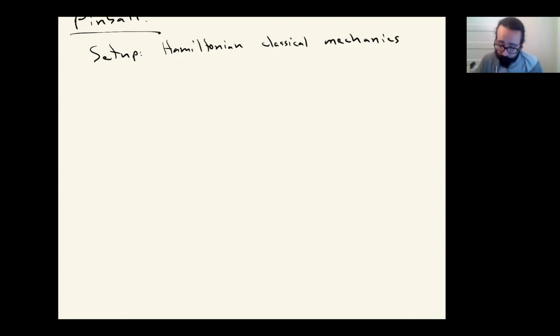And so we're going to have a simple setup of pinball where we have 3 disks. They're supposed to be identical, but they are not. So in general, all of my drawings will probably be pretty terrible.